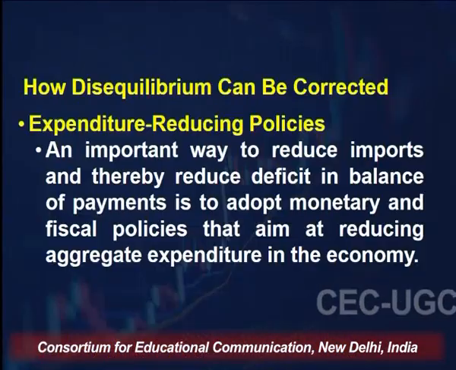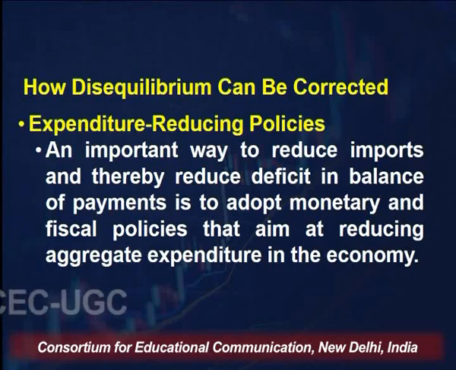Another method is expenditure reducing policy. So the first was related to trade policies, like how government can encourage more exports, how it can motivate industries producing export products, or how we can discourage imports. So that was related to policy matters. Another is expenditure reducing policy.